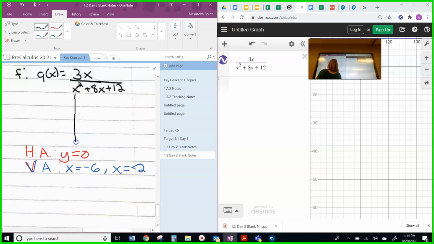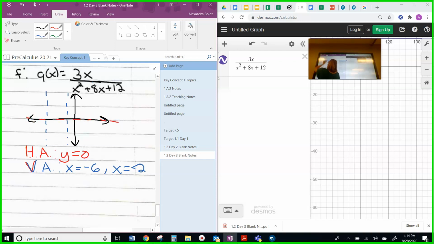So let's draw it. So we have x equals -6 and x equals -2. And we have our horizontal at y equals 0.